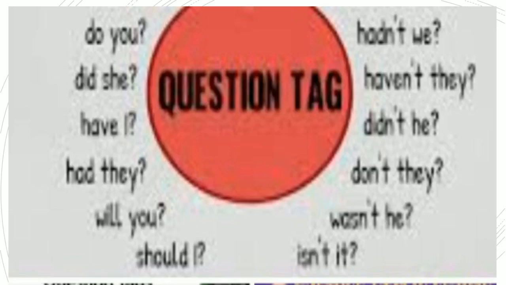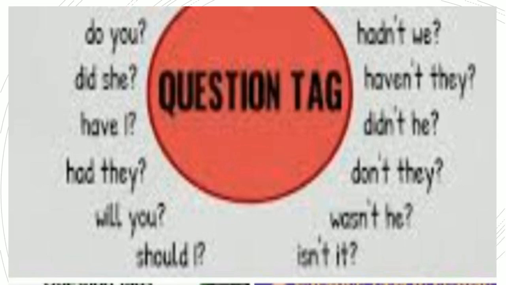Now this is the format given. But how do we form it? Now see here the various examples given. Do you, did she, have I, had they, will you, should I, hadn't we. Now haven't they, didn't he, don't they, wasn't he, isn't it.